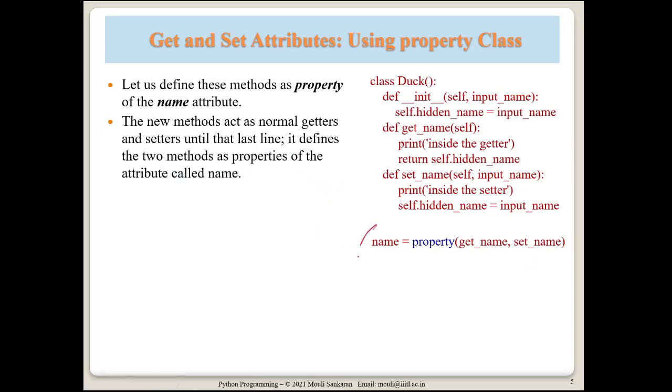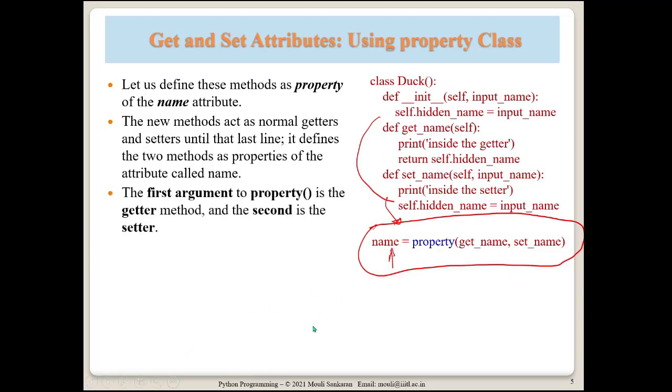Once this is defined in a class, these methods become defined as a property with the name called name. The first argument to the property class is the getter method, then the second is the setter method. We are passing function pointers, function objects, to the class.